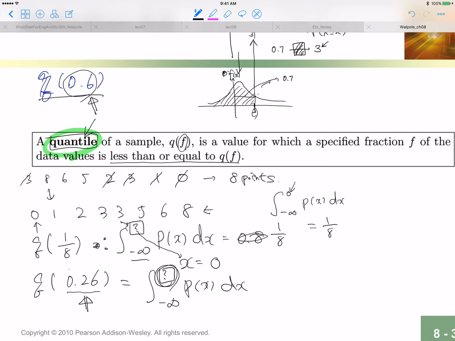And so here, when talking about this quantile, this value is chosen from one of our samples. So we have to choose one of these samples, like 0, 1, 2, 3, 3, and 5, and so on. And then what will be the corresponding value that will make this expression 0.26? Okay.